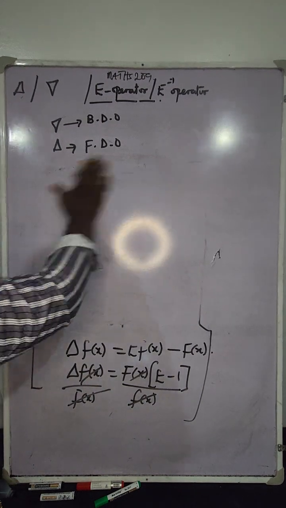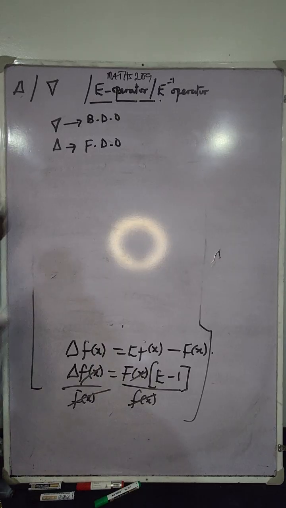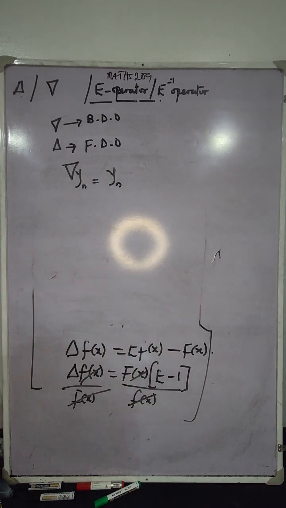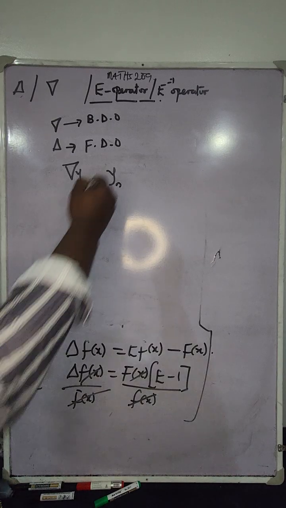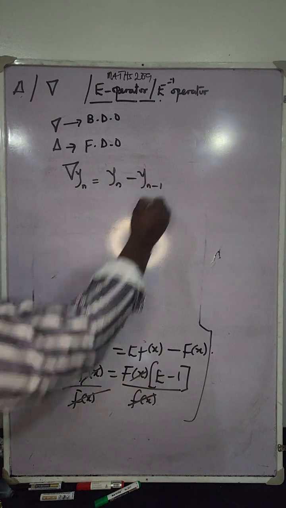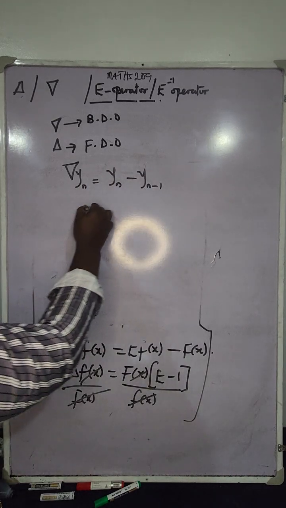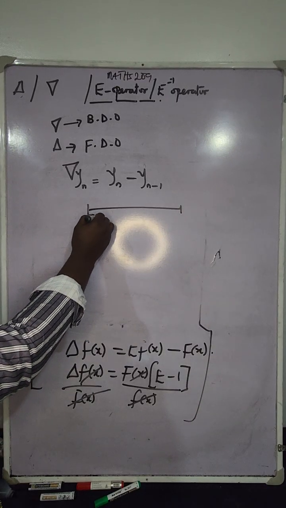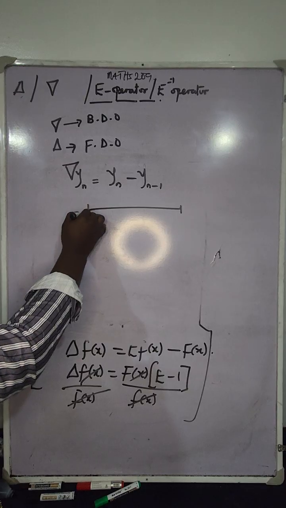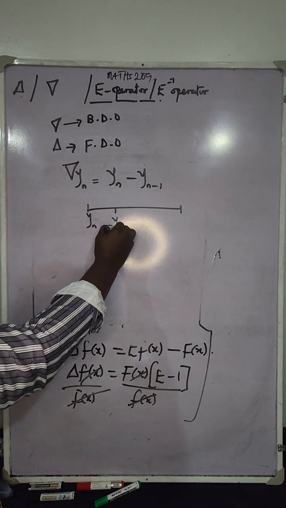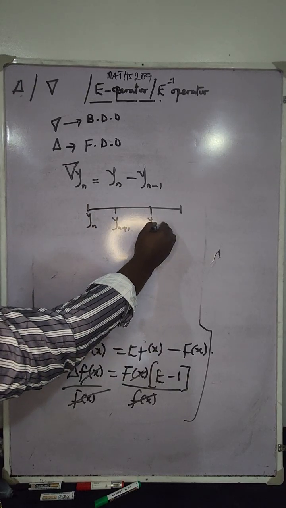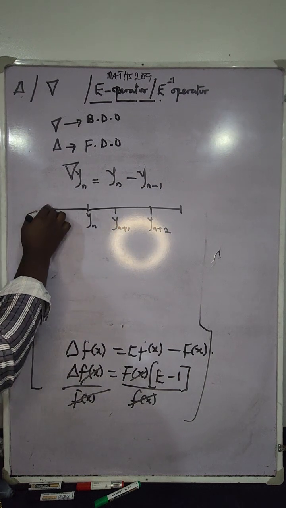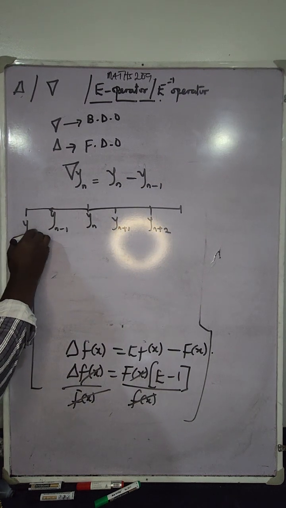We have that the backward difference of yn is where we are right now, yn, minus what is at our back. So if I say this is f of x, or this is yn, this is yn plus 1, this is yn plus 2, this is yn minus 1, this is yn minus 2.